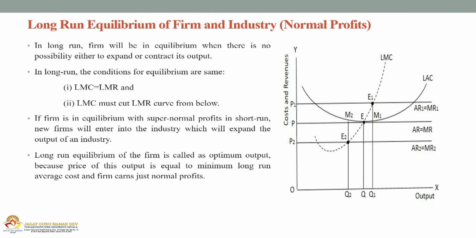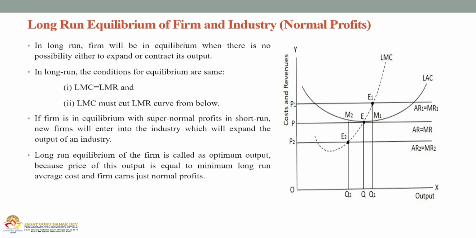Conditions of equilibrium will remain the same, that is long run marginal cost is equal to long run marginal revenue, and long run marginal cost must cut the long run marginal revenue curve from below. But there will be no possibility either to expand or to contract. So in long run, there will always be normal profits.